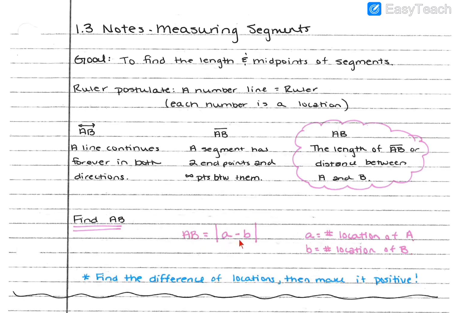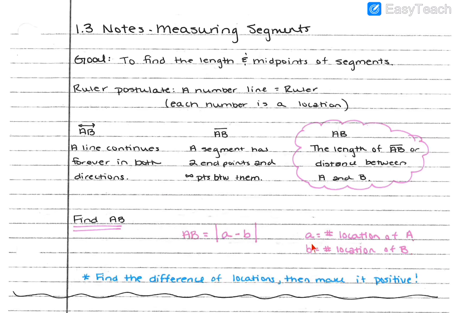And how we find that is by taking the absolute value of the location of A minus the location of B. The difference between the numbers will give you a number, and then you take the absolute value of that. Remember, once you simplify the inside, you just make it positive. You should have done that back in Algebra 1.